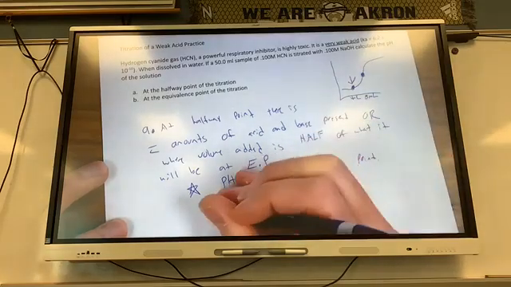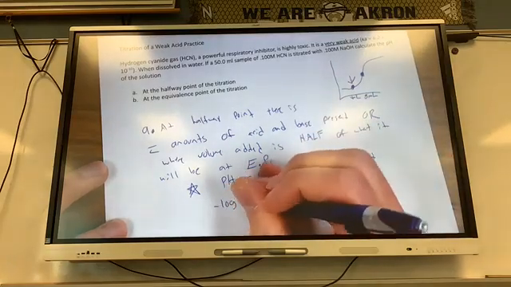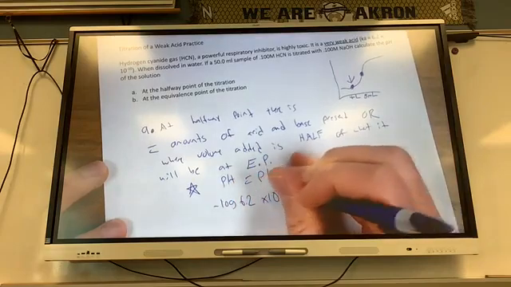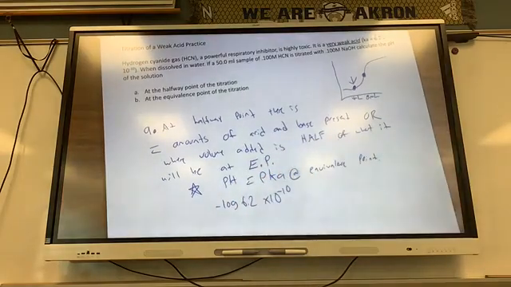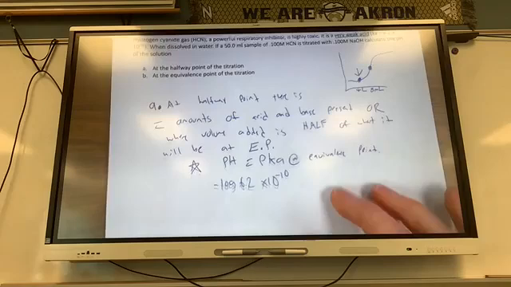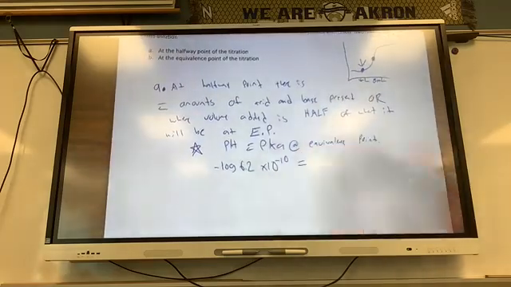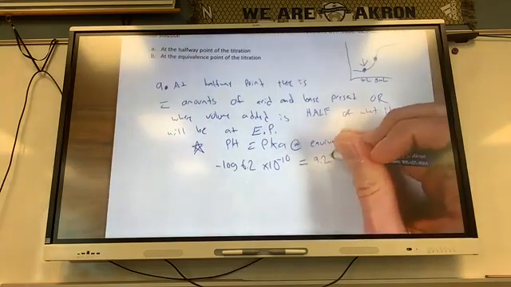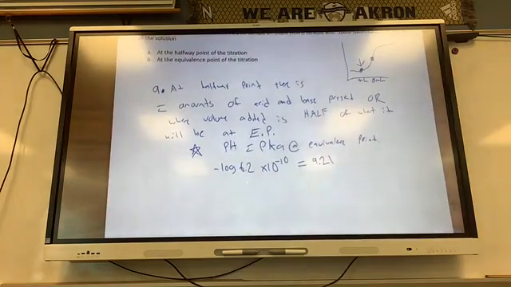So I'm going to take the negative log of 6.2 times 10 to the negative 10th. What do you get for that? Anybody got Desmos up? 9.2. Joe is on it. 9.21. Yes. So 9.21 for letter A.